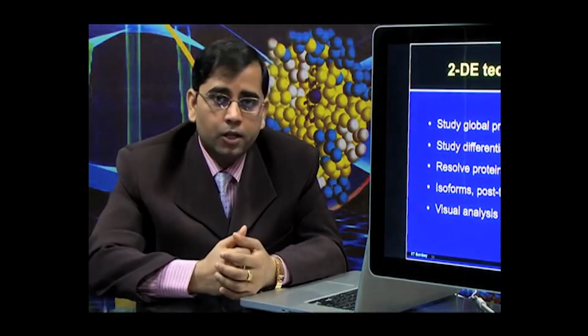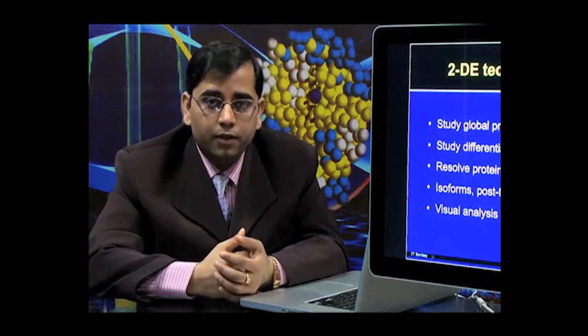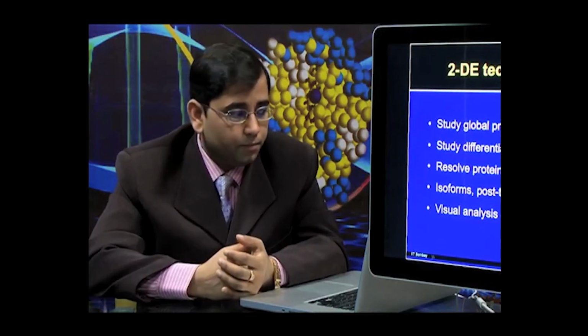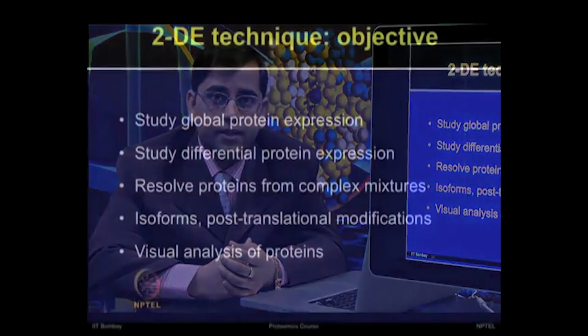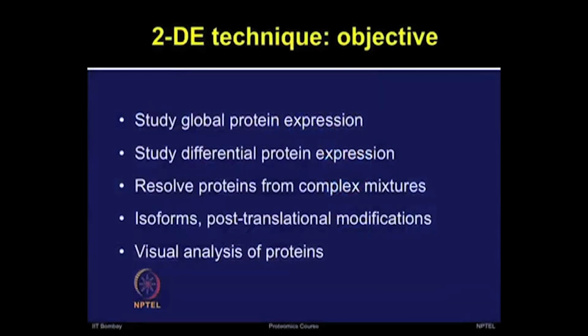So, now let me give you a few applications one can use by applying this technique. People apply 2D for various objectives, for example, studying the global protein expression. When I say global protein expression, it means you want to identify or separate all the proteins present in a given protein sample.